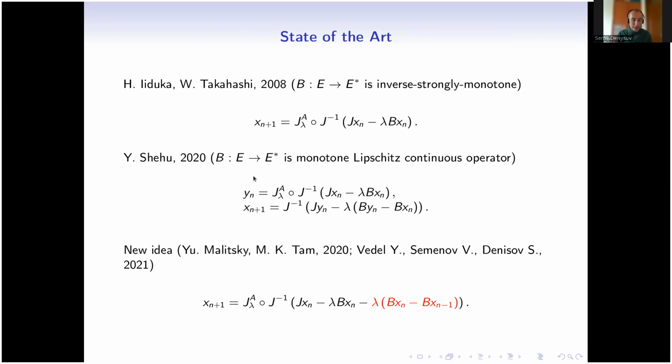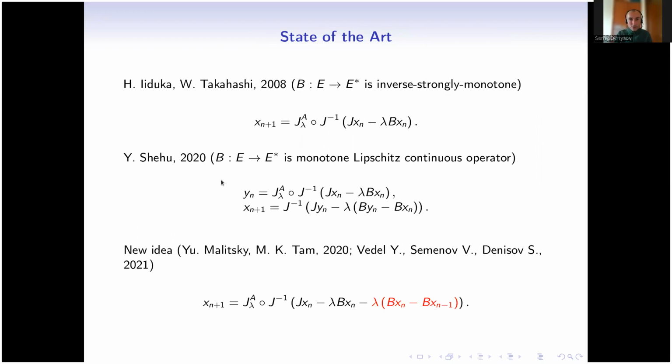Here you see state of the art about algorithms themselves. So, for example, we can see this algorithm, which is quite well known, but it requires B to be inversely strongly monotone. So it's quite restrictive settings.